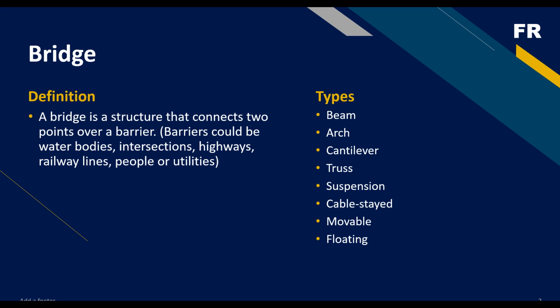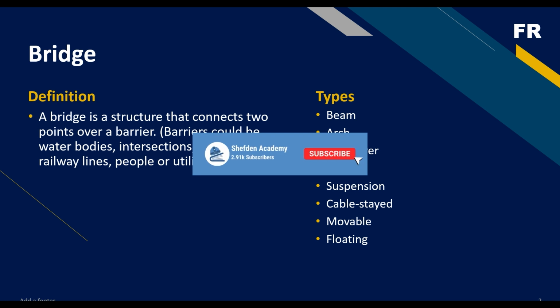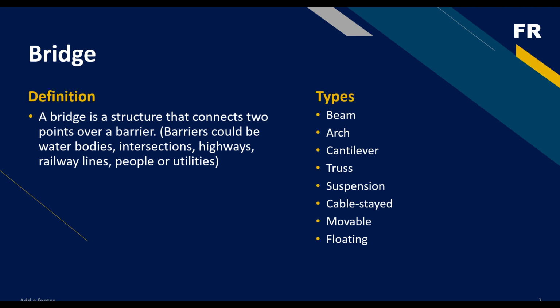This barrier can be a water body, such as rivers, lakes, oceans, and all of that, or it could be an intersection of roads or highways, or it could be over different highways, railway lines, or utilities. So whenever you have a structure that connects two points over a particular barrier, that kind of structure can be termed a bridge.